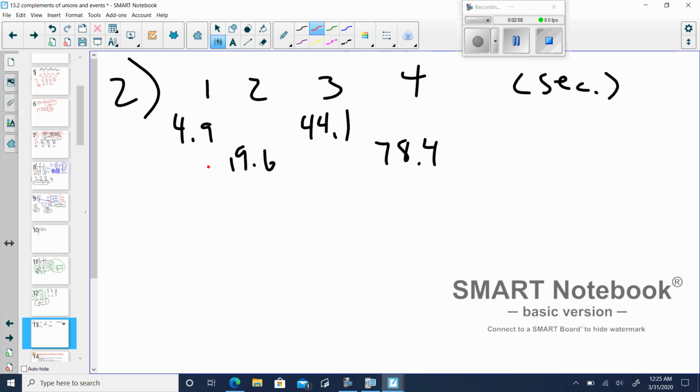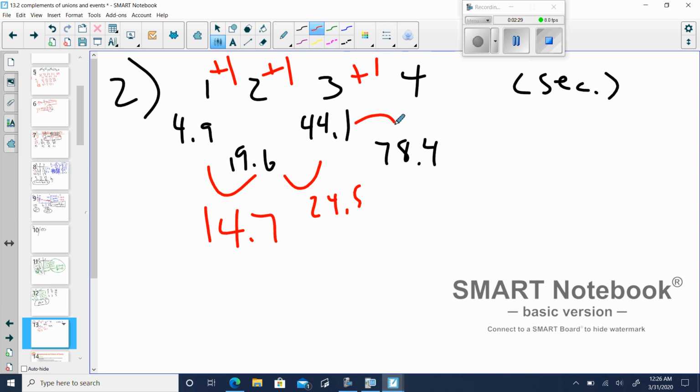Okay, so that's 14.7 as we go up 1. So here we go up 1 from 2 to 3, and we're changing by, what is that? 24.5. Right? And then right here from 3 to 4, we go up 1, and we're changing right here by 34.3.